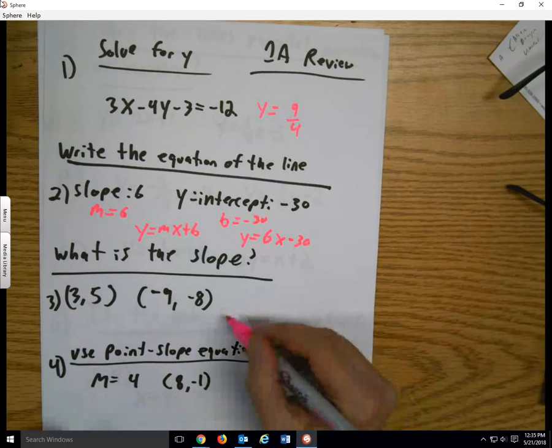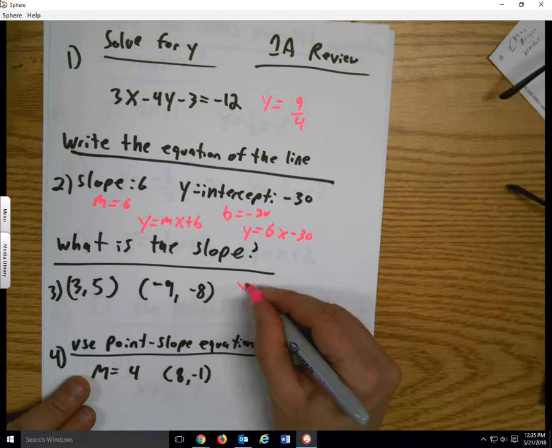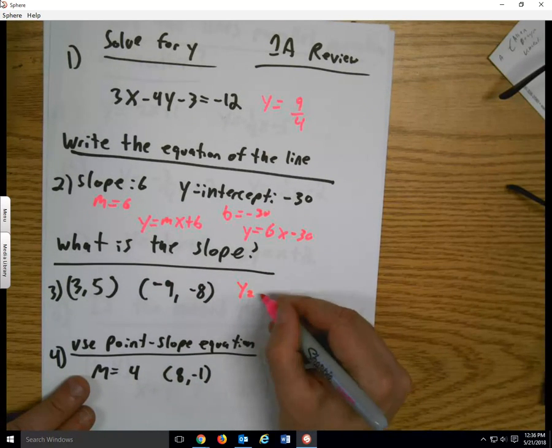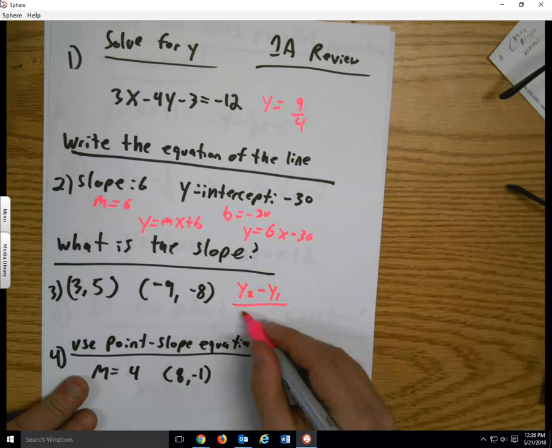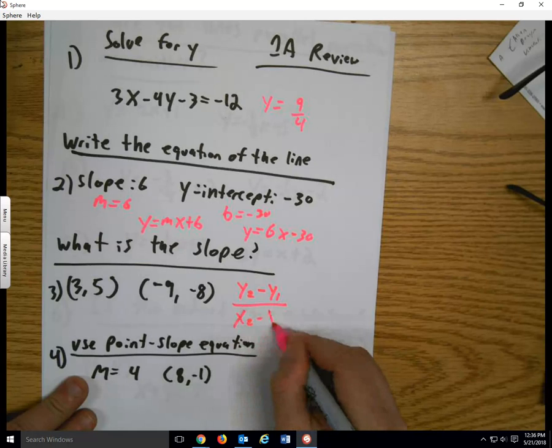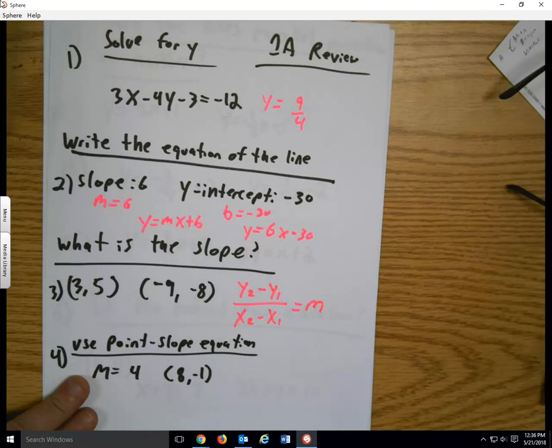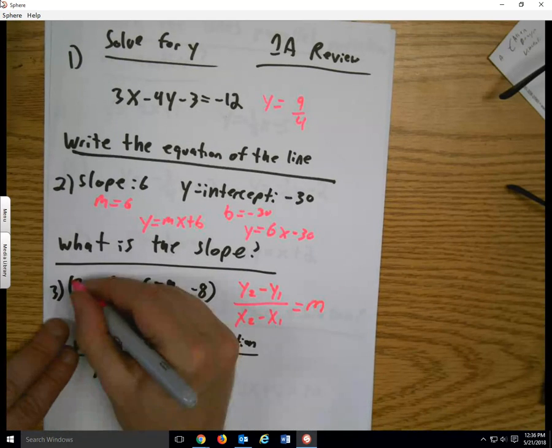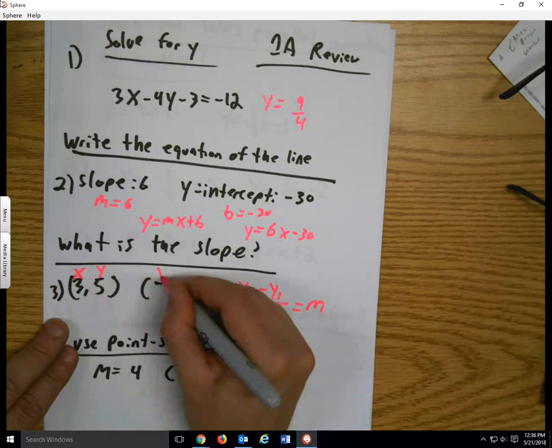What is the slope? In order to find the slope, use the formula y sub 2, but we just say y2, minus y1 over x2 minus x1 equals your slope. So which one of these is the y2? You remember it goes in alphabetical order. It's called an ordered pair. So you have x and y, x and y.